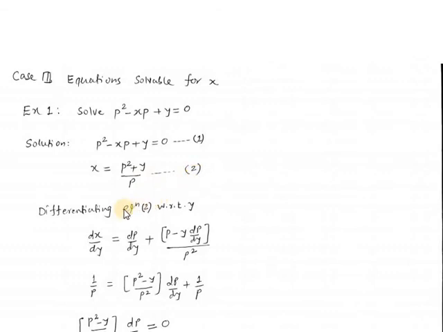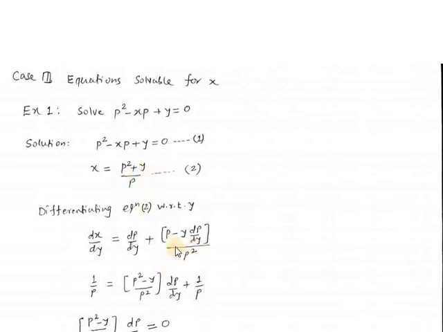Now differentiating equation 2 with respect to y, if we take the derivative of x with respect to y, then dx by dy is equal to, here p square divided by p will be p. So the derivative of p with respect to y will be dp by dy, and here y divided by p, so we will use the u by v rule.